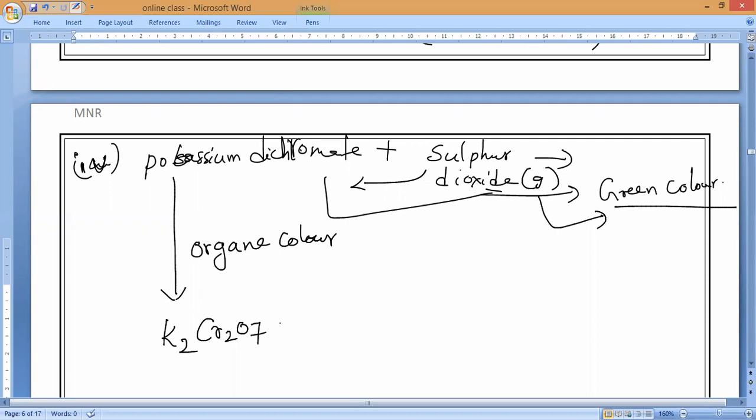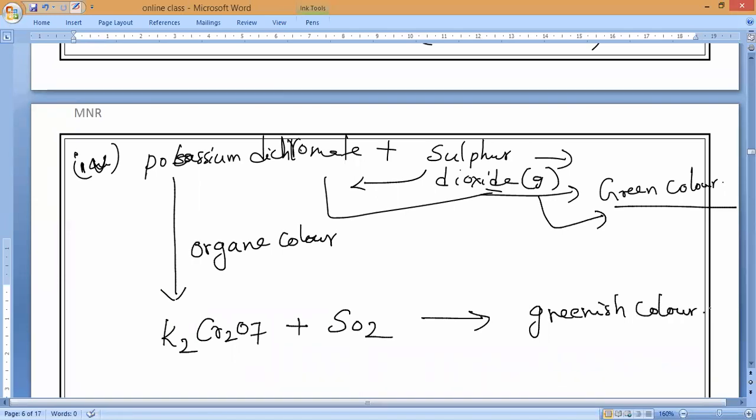K2Cr2O7, potassium dichromate. Understand, what is the color of this? Orange. Potassium dichromate reacting with sulfur dioxide gas, SO2, you know that. It will turn into greenish or green color.